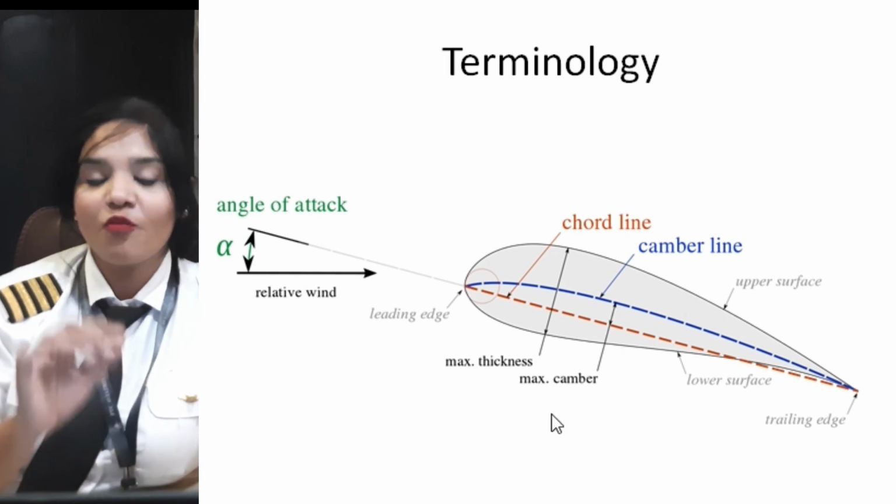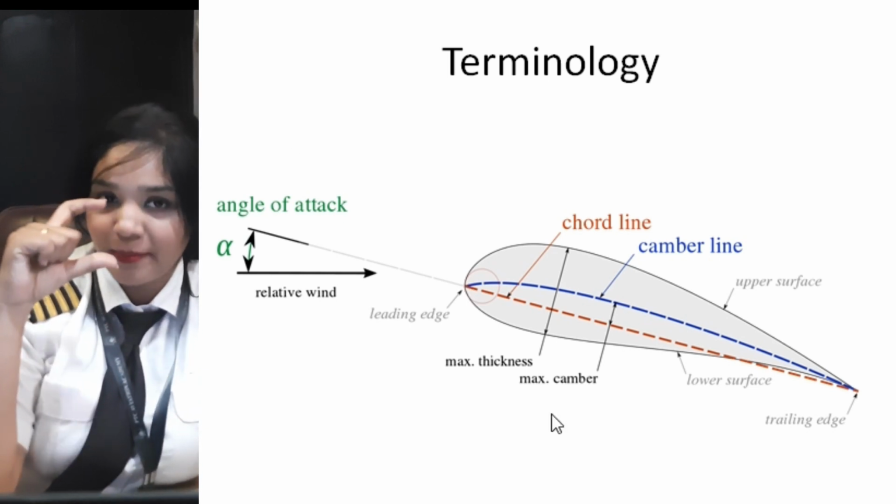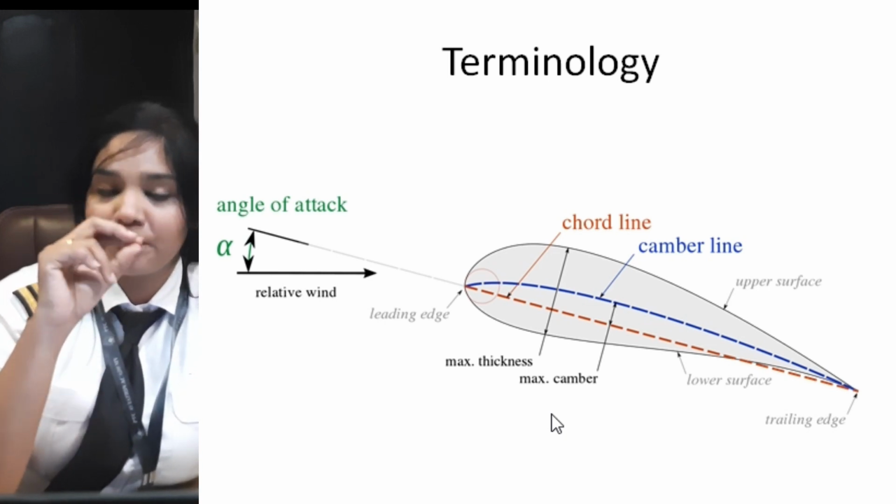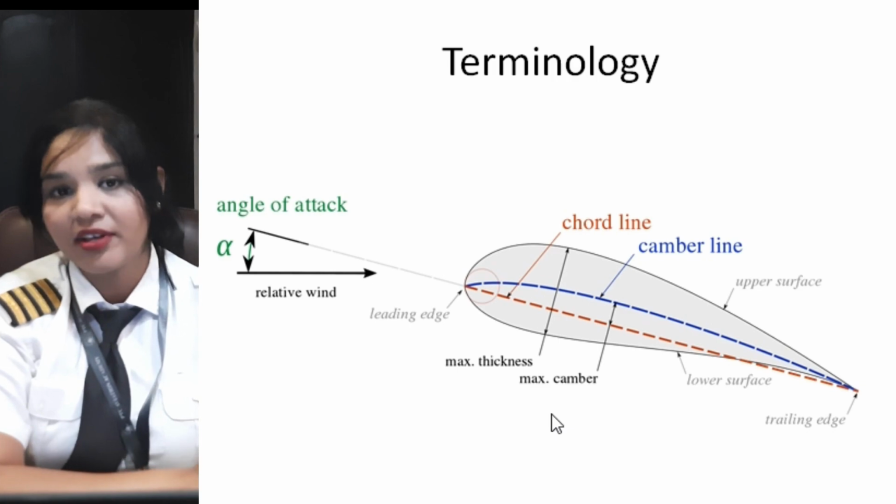Wherever the distance between camber line and chord line is maximum, that is the position where you have the maximum thickness of an aerofoil. So this is basically certain terminology associated with your aerofoil.